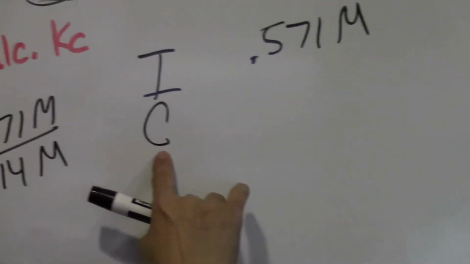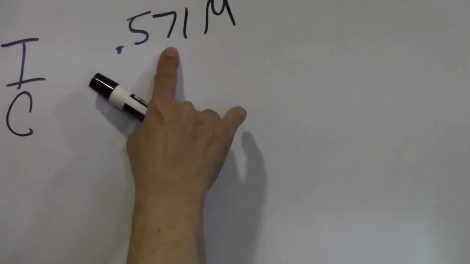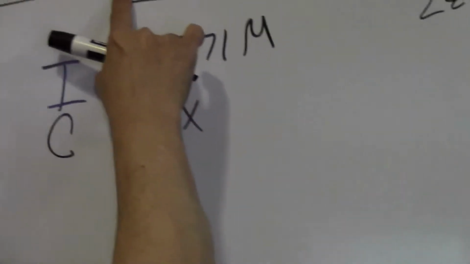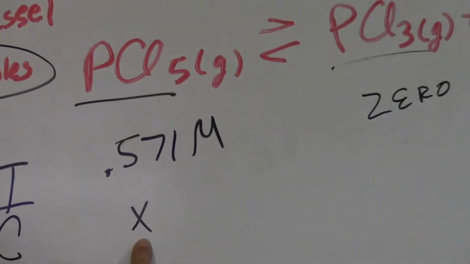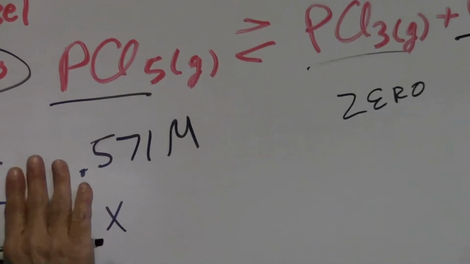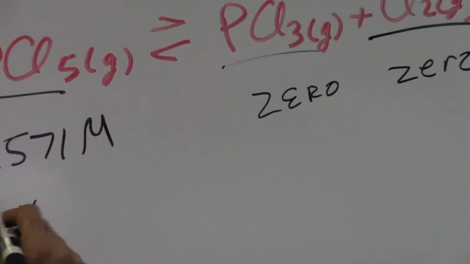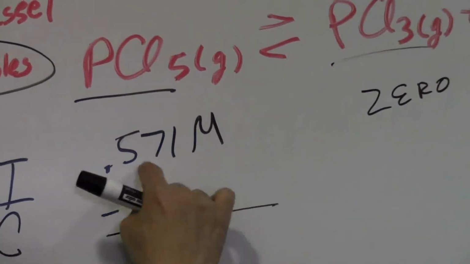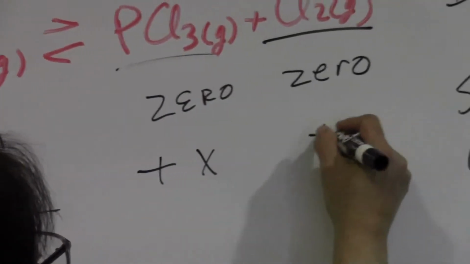For the change, we always let x equal the change, and you multiply by any coefficient, which in this case is 1, so I'm just going to leave it as x. Since the reactant has to lose to create product, we always subtract the x on the reactant side. We're going to add x to both product sides here.